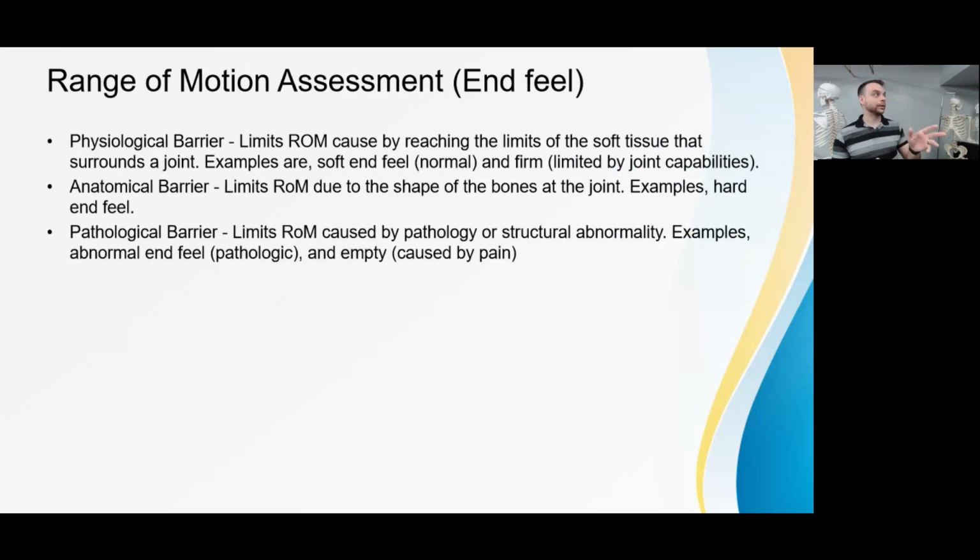We can have a normal, or what we call a soft, or, well, excuse me, sorry, or firm end feel. So a soft end feel is where soft tissues have stopped you. So a common example is if I bent my knee to where my heel was coming towards my glutes, and if my calves are so big and my hamstrings are so big, or I have lots of tissues there that it stops the movement, then that's what we call a soft end feel.